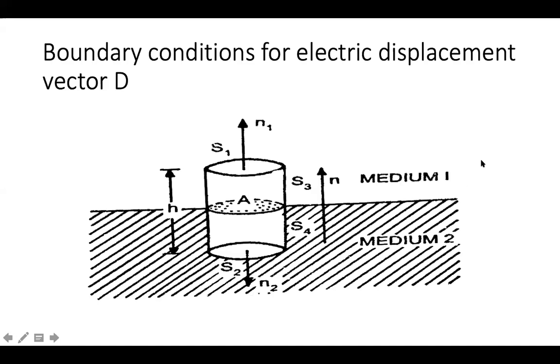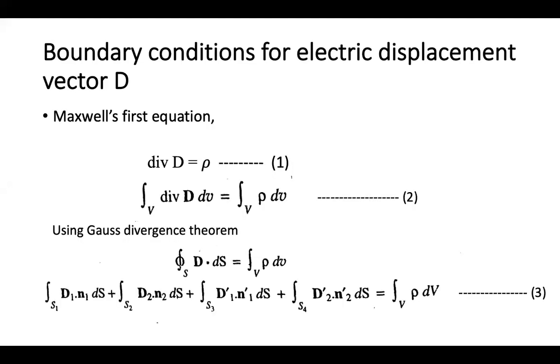So this is the primary idea of how we are going to approach the derivation of B, D, E, and H. Okay, let us see. As we always do, we take Maxwell's first equation: divergence D is equal to rho. If we take the volume integral over the entire volume, which I have shown you already, the integration of that is equal to this.